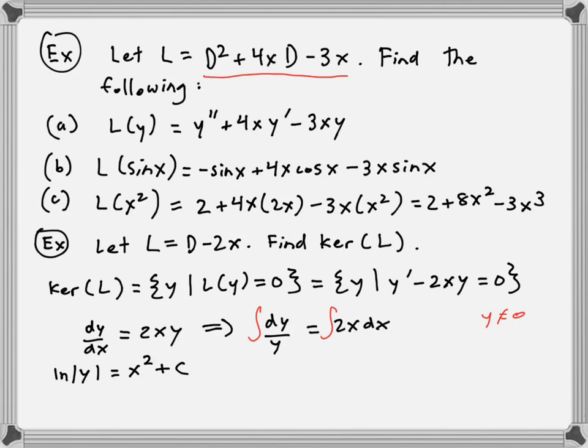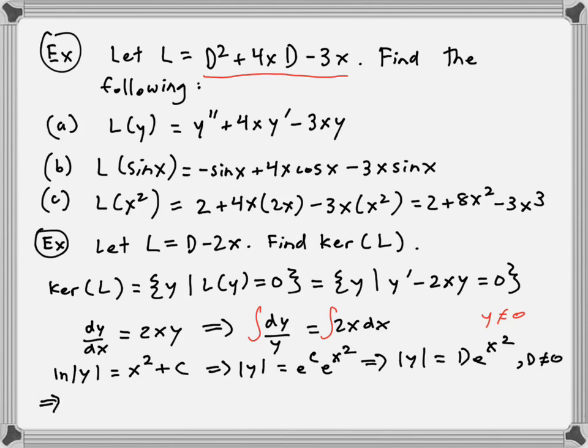Okay? So what do we end up with here? This means that the absolute value of y is equal to e to the c times e to the x squared, which means that the absolute value of y is equal to, I can call that d e to the x squared, where d is any non-zero number, so d is not 0.